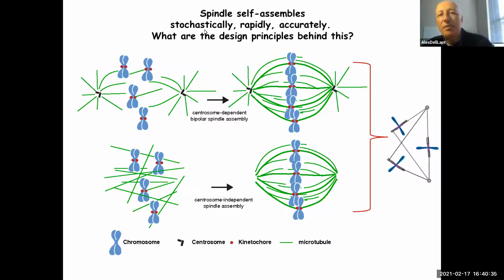Another is that the spindle assembles stochastically. It will be clear from the next slide what it means. But the two features are unquestionable. That's observed again and again. The spindle assembles rapidly. It just takes minutes in most generic animal cells. And it assembles very accurately. Again, from the next slide, it will be clear how it happens.